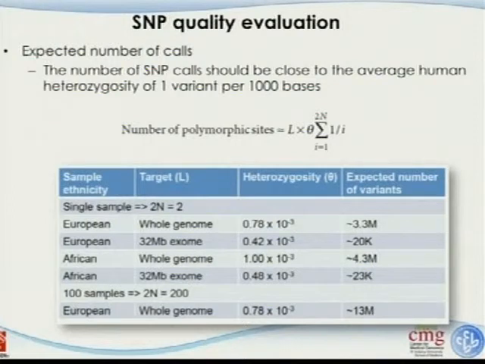Okay? Here are some of the equations, the equation for the number of polymorphic sites you want to expect. L here is the length of the regions you sequenced. And theta is what they call heterozygosity. Actually, it's different for different populations.